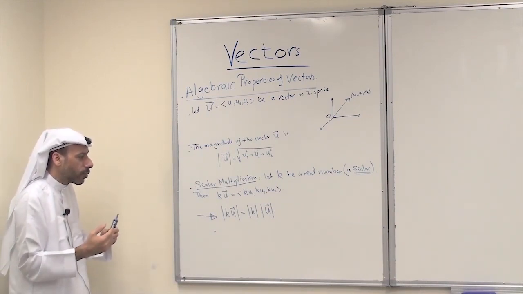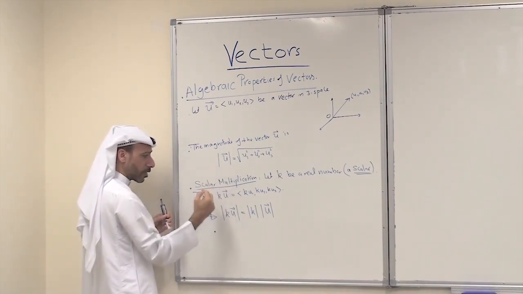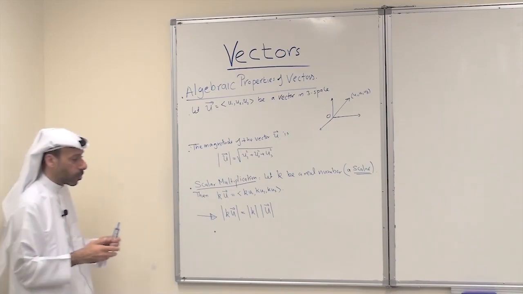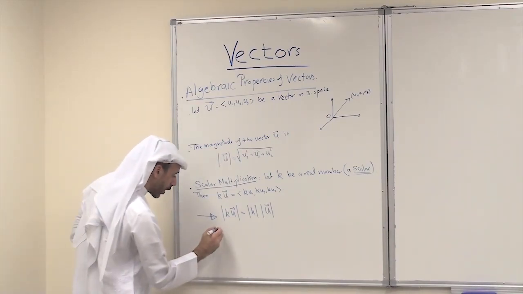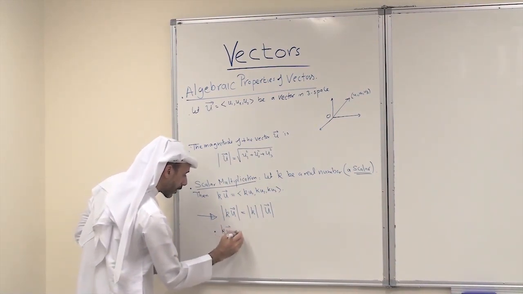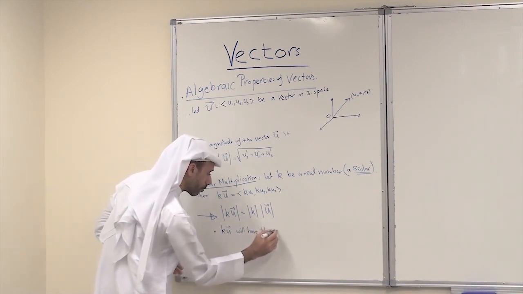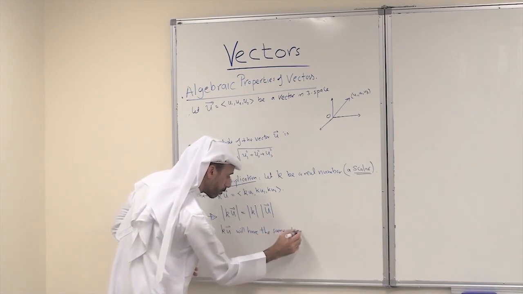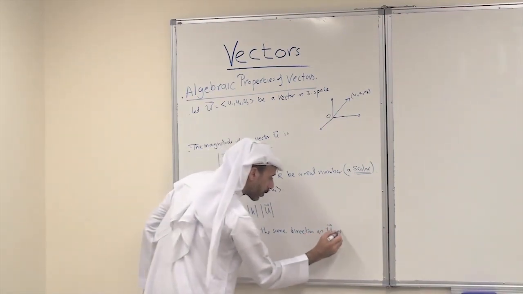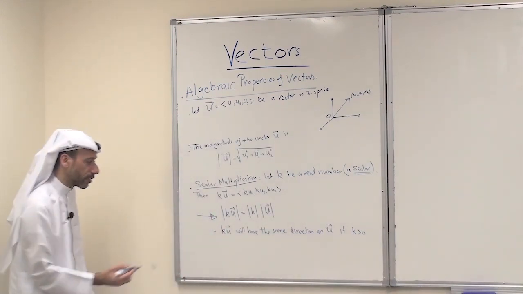Now again we need to know the relation between the direction of the vector U and the vector KU. Will they have the same direction or opposite direction? In fact, the new vector KU will have the same direction as the vector U if K is positive, if the scalar is positive.